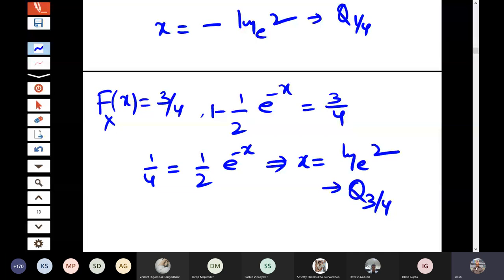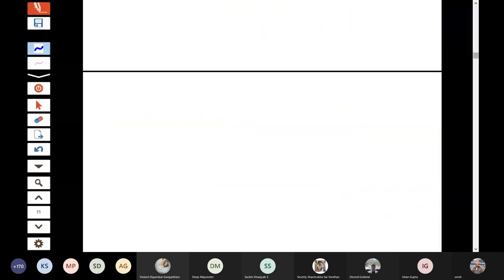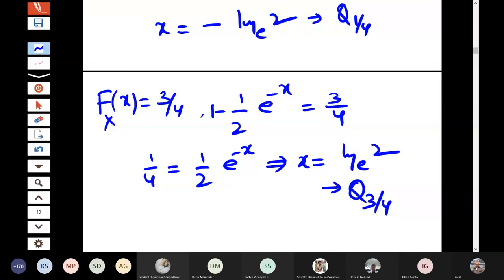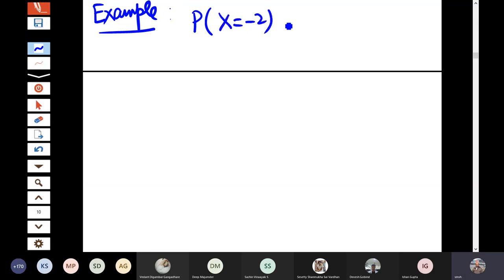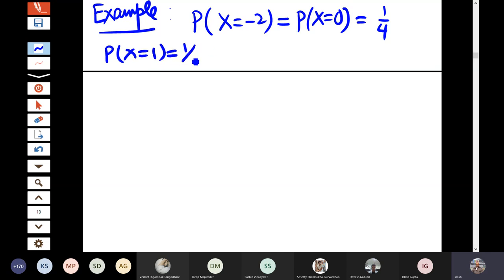Let me take one discrete distribution. Suppose I take probability x is equal to minus 2 and probability of x is equal to 0 to be 1 by 4, and probability x is equal to 1 is equal to say 1 by 3, and probability x is equal to 2 is 1 by 6.